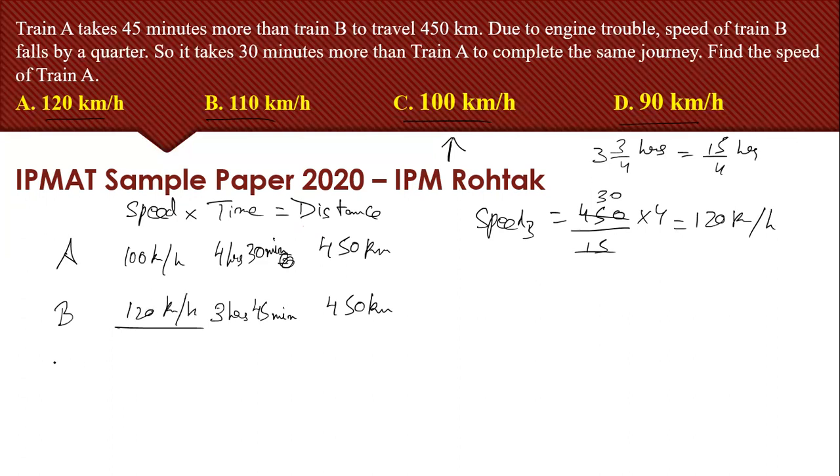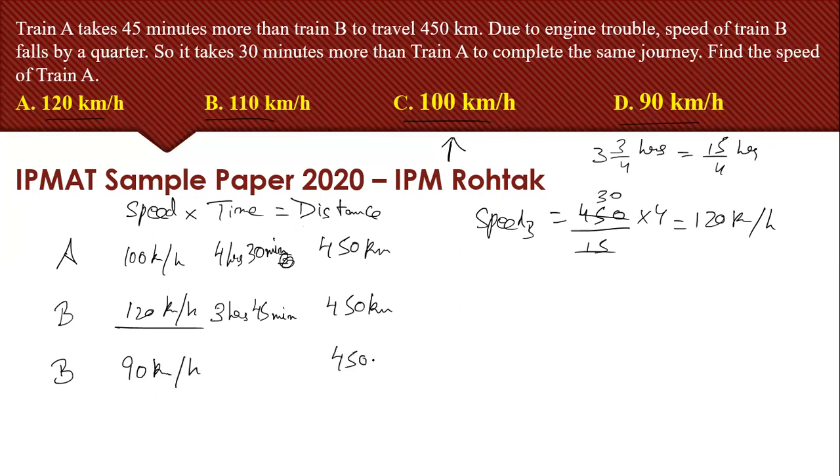Now, according to the question, speed of B is reduced by 1/4. 1/4 of 120 is 30 kilometer. That means speed of B is reduced by 30 kilometer, which gives me 120 minus 30, 90 kilometer per hour.